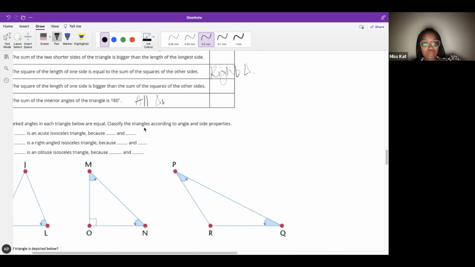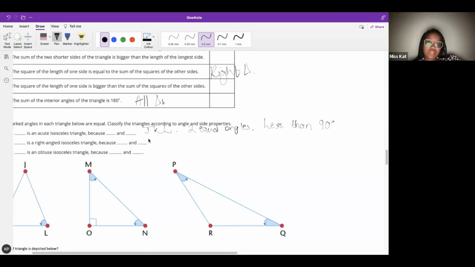So in the meantime, you guys think about why the last one is an obtuse isosceles. So we said this is JKL because there were two equal angles and they were all less than 90 degrees.